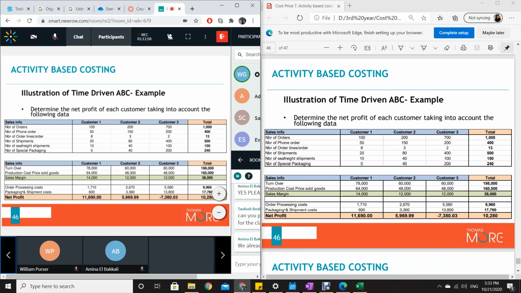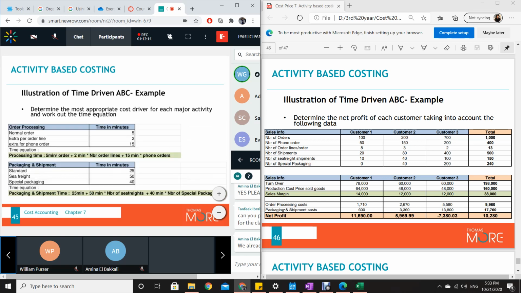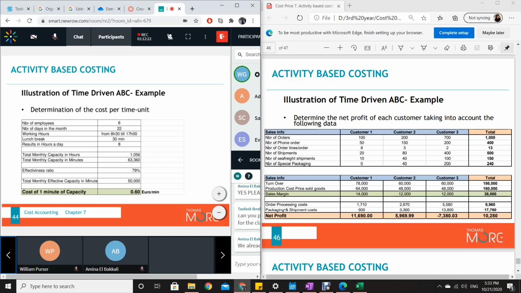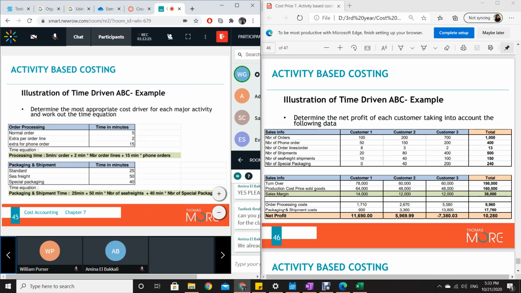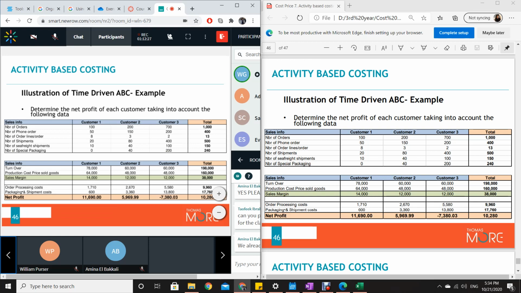So we see the turnover, which is just an extra given, but then we're going to see the order processing. This figure you calculate by using these numbers and evaluating them in the equation you have here, times the 0.6 euro per minute. So at the end, it's a 3-step calculation, and in this way you come to the perfect allocation of your overhead costs, which is in this case 20.